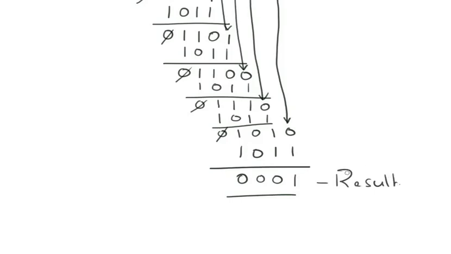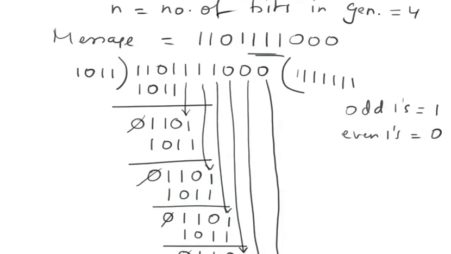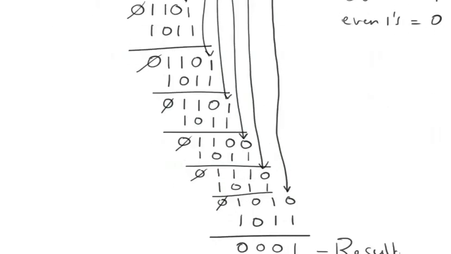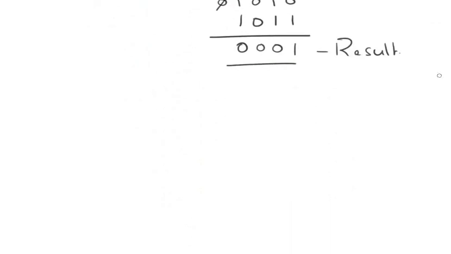So after this procedure, we need to take the original message, which is 1 1 0 1 1 1 1. For this we have appended 3 zeros. So here also discard this 0 and remove the appended zeros, which we have done in the first case.